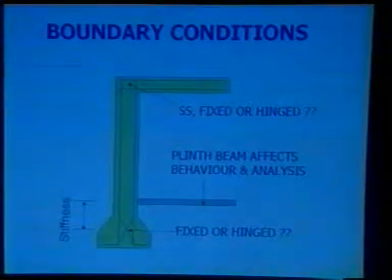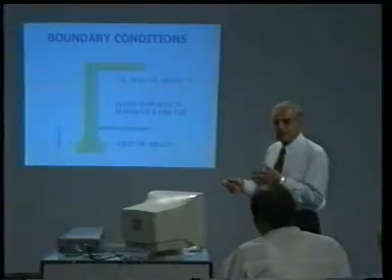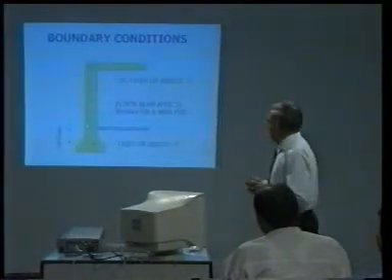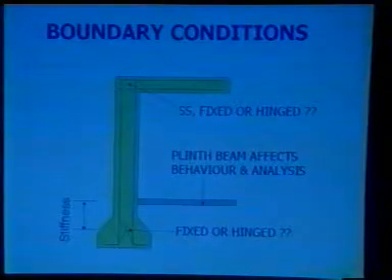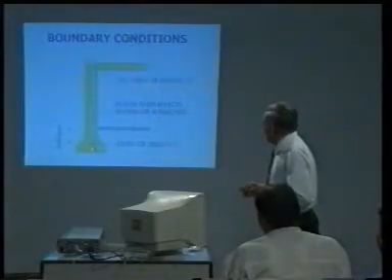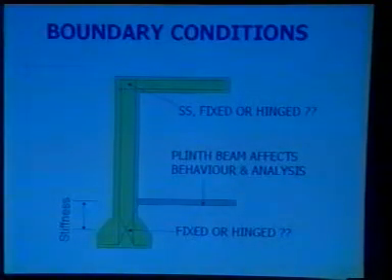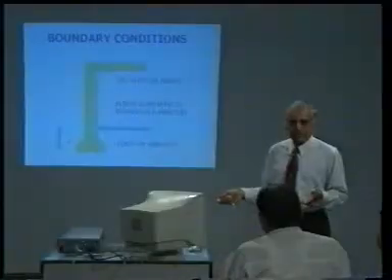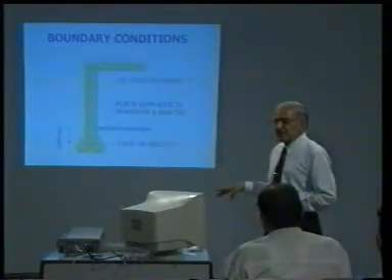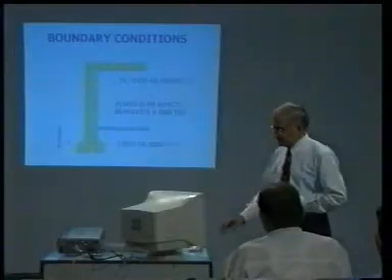This changes the amount of moment that is going to be attracted to either side. So, you have to be very careful if you are to provide a plinth beam, provide it at the design stage and not at the construction stage. Then the same thing, if you are providing a reinforcement like this, it is a hinge condition, but if you are providing reinforcement like this and this, you do not know what condition is going to come out. So, you have to be very careful as to the actual detailing as related to the boundary conditions.